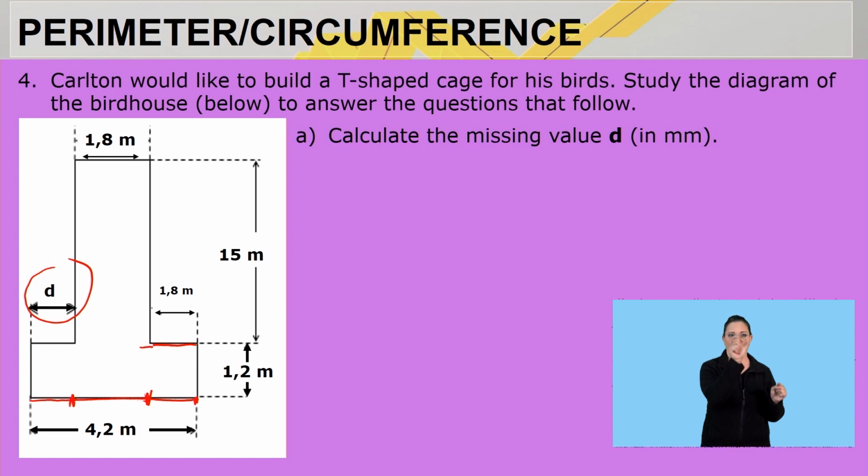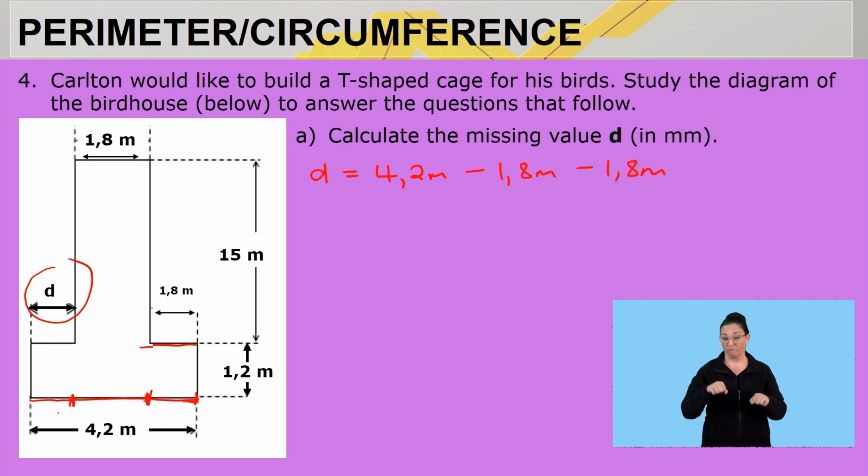We agree, right? So to make life easy for myself, I'll start by saying D equals, I'll take my 4,2 meters, then I'll subtract this first part here, the 1,8 meters. Then we also indicated that from here to here is another 1,8 meters.